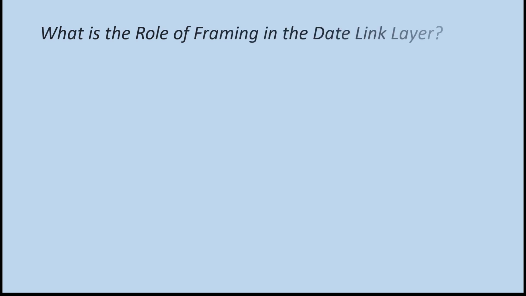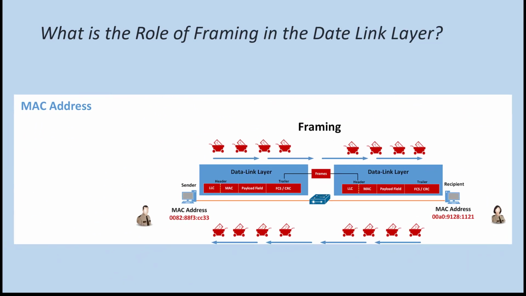What is the role of framing in the data link layer? Think of the data link layer as a smart organizer for your data. When we talk about framing, it's like neatly putting your information into well-packaged parcels. Picture these parcels as carefully wrapped presents.